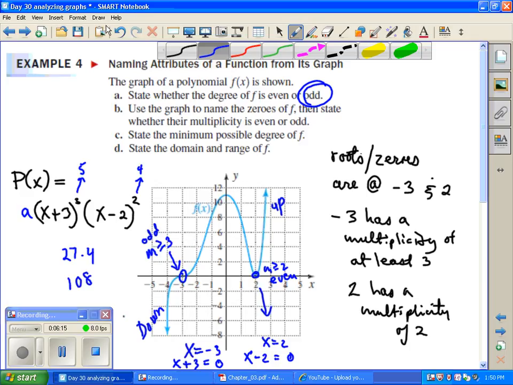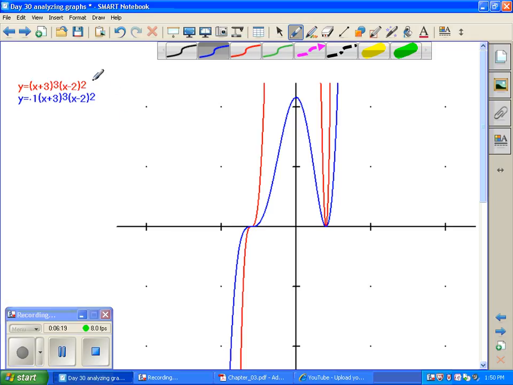Now, check out the next page. When I graph this using my graphing software, you can see the red line was the graph of this thing. And it went crazy, shot out. Why? Because we know that the y-intercept of that is 108.